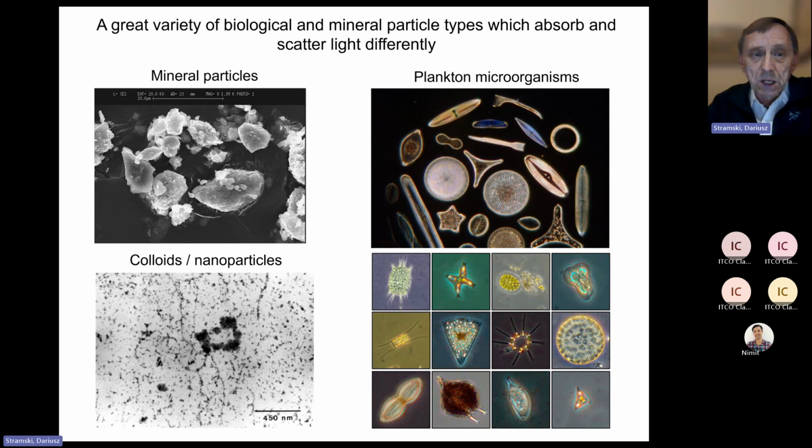As I indicated, you can see in this slide that even within broadly defined categories such as mineral particles or plankton microorganisms, particles differ enormously in terms of sizes, shapes, and internal structures, which all affect how each of these different particle types absorb and scatter light.